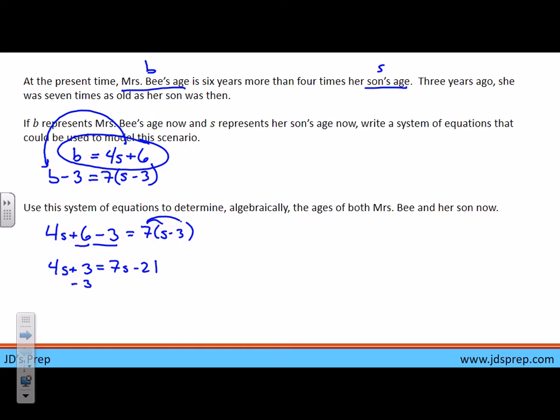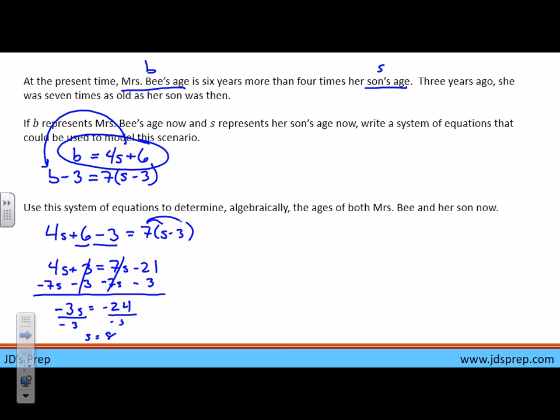If we subtract the 3 from both sides to get the constants on the right, and subtract 7S from both sides to get the variables on the left, then we will have negative 3S equals negative 24. And we can divide by negative 3 to find that S is equal to 8. So right now, Mrs. B's son is 8 years old.